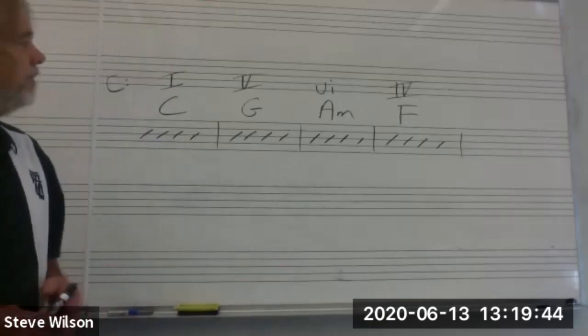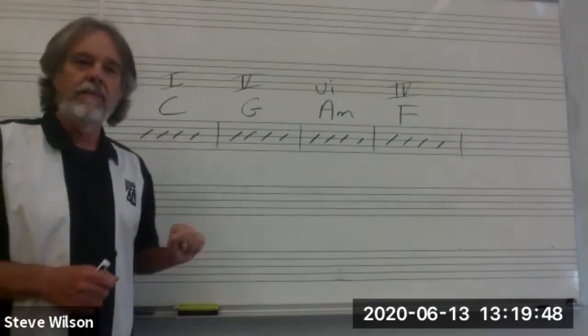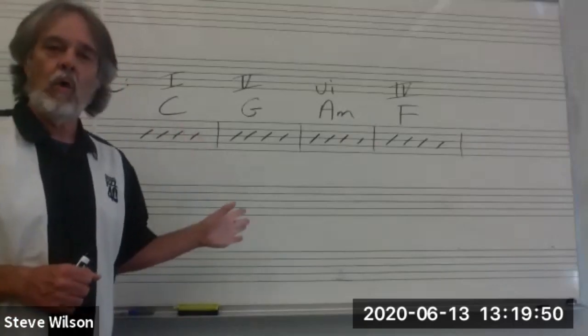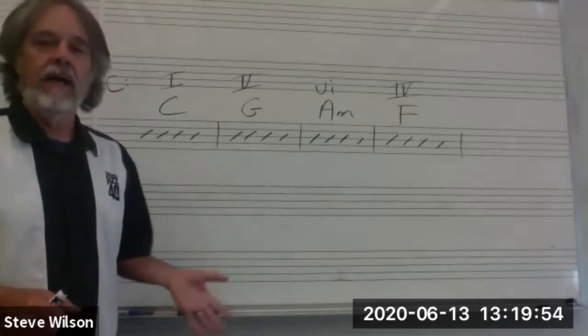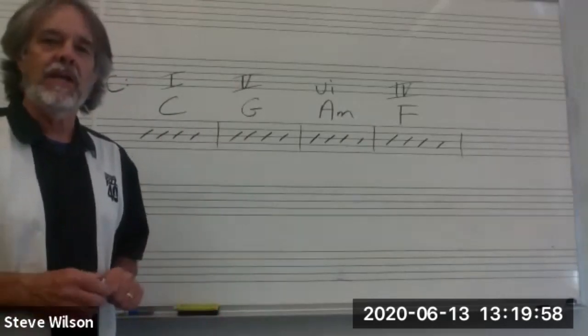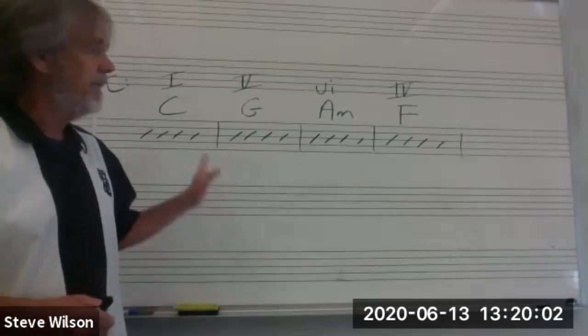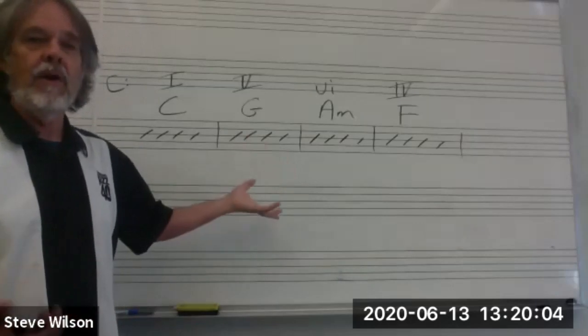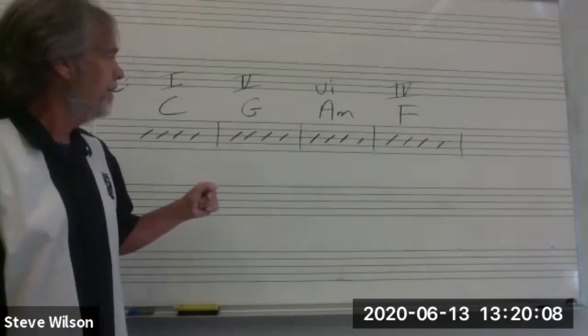In fact, if you're interested, go to YouTube and type in 4 chords, Axis of Awesome. There's a whole series of different versions of it. Axis of Awesome is a group from Australia, and they've done an entire video and presentation. They do it in live performances, and they've done it for a number of years.